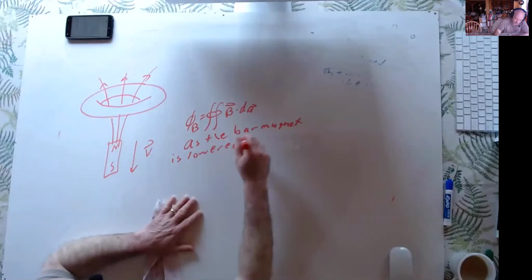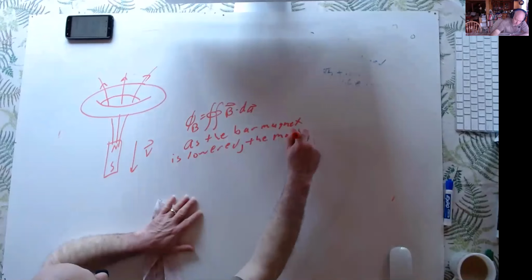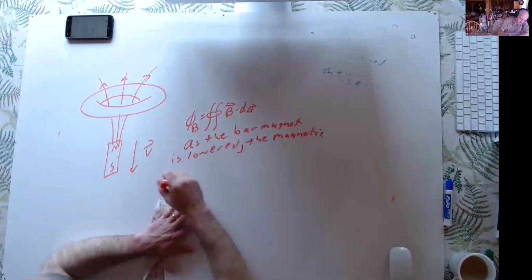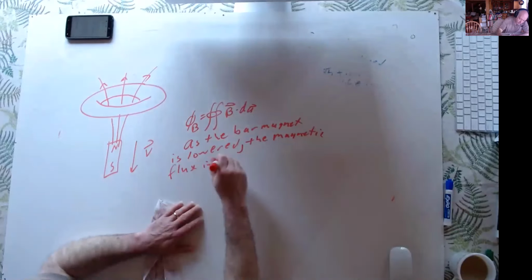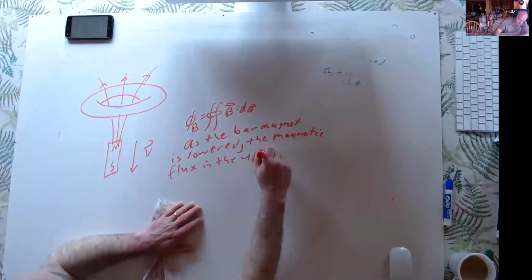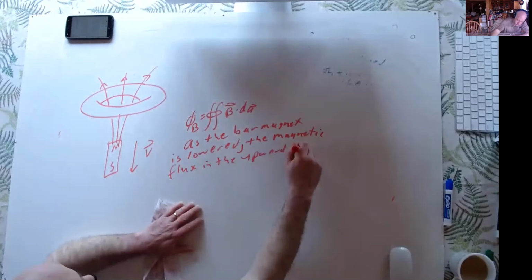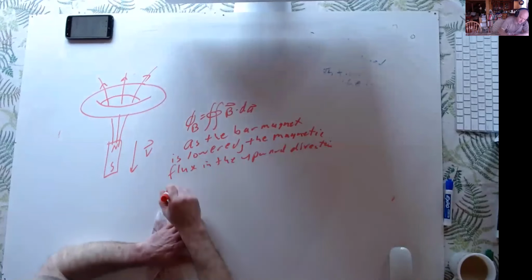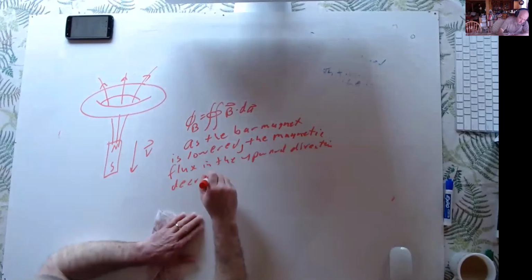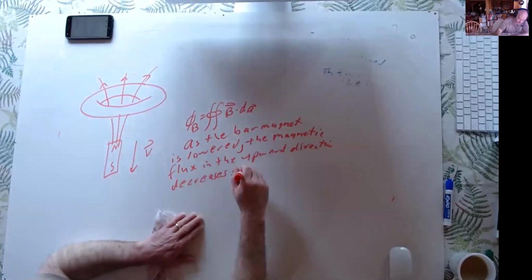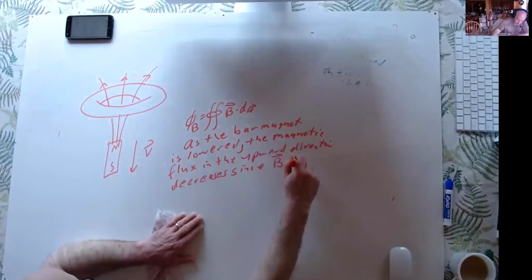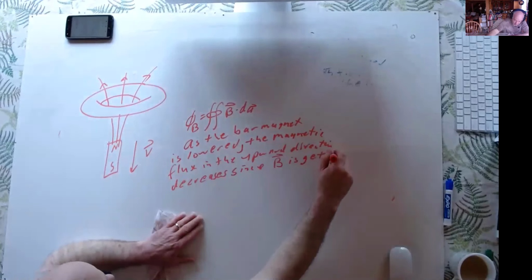The magnetic flux in the upward direction decreases, since B is getting weaker because I'm moving the magnet away.